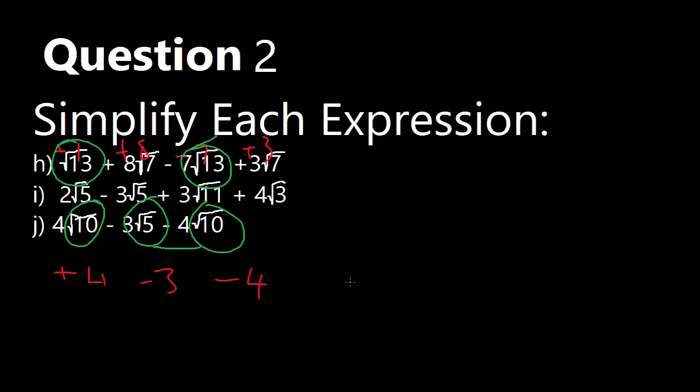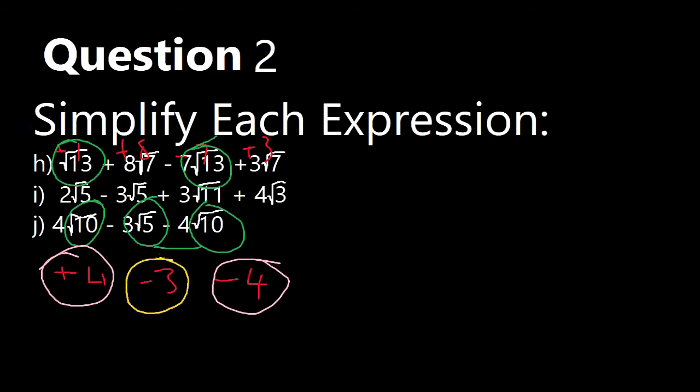So collecting our like terms again, we have a minus 4 for a root 10 and a plus 4 for a root 10. And then over here we have a minus 3 for that root 5. So collecting those like terms, we have 4 minus 4, which is going to be 0 lots of root 10.